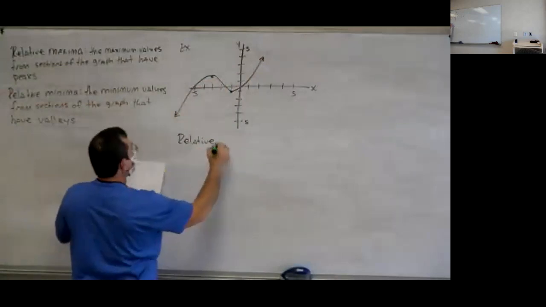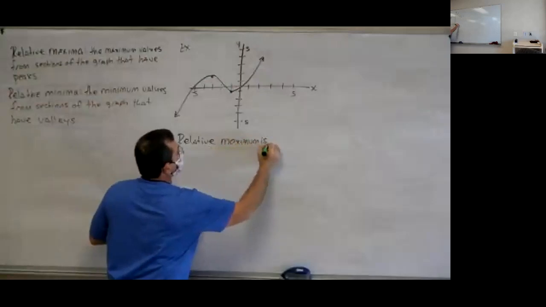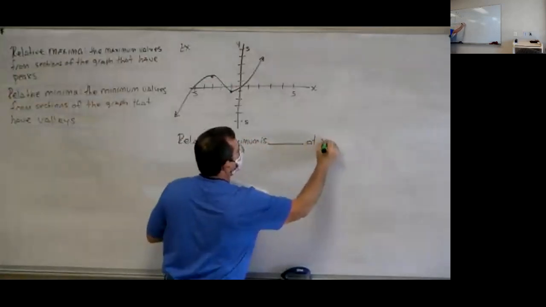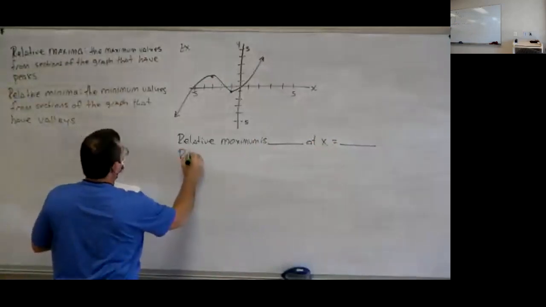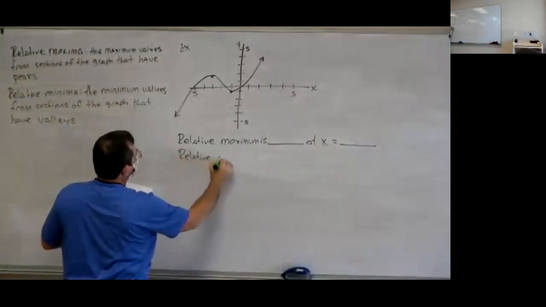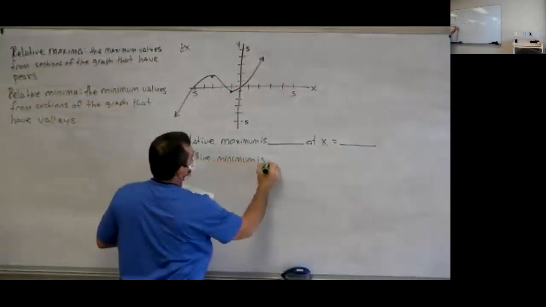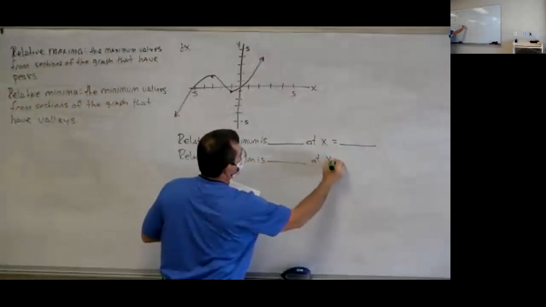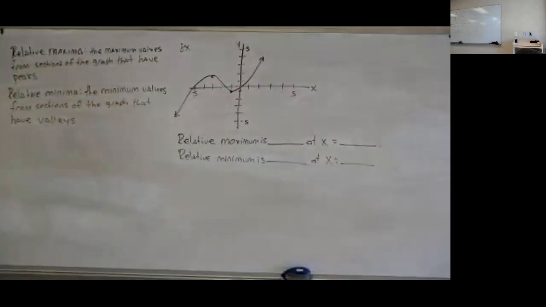So they got me a relative maximum is blank at x equals blank. Relative minimum is blank at x equals blank. So the min or max values are the y values, and then they happen at whatever those x values are.